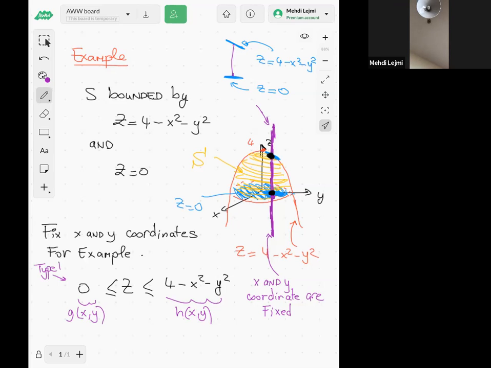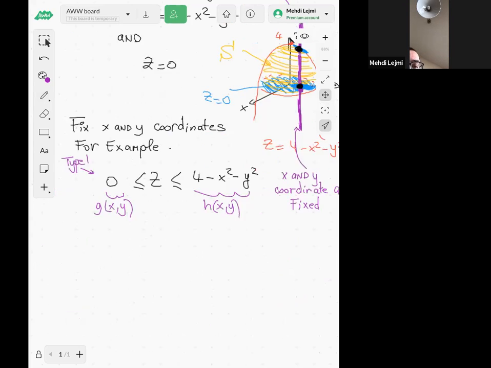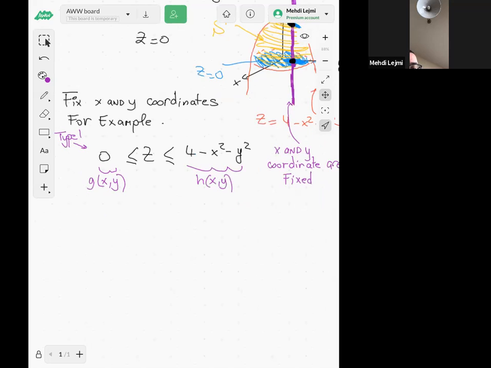Now next, what do we do for x and y? We have to find the projection of your solid S into the xy plane. So now we want to find the bounds for x and y.